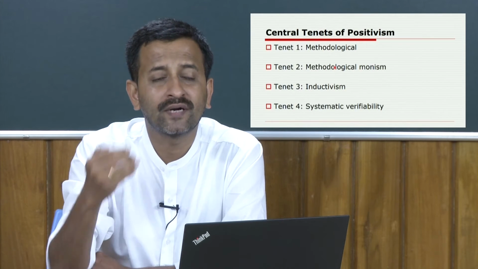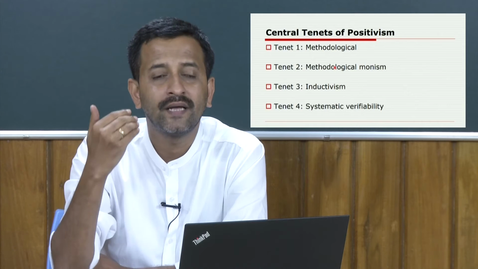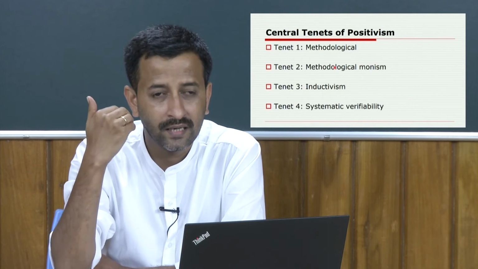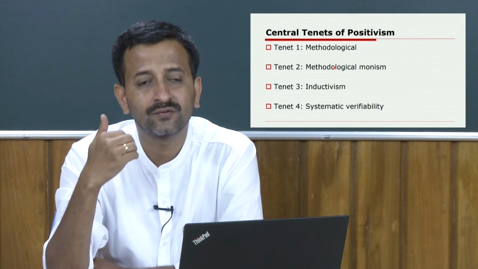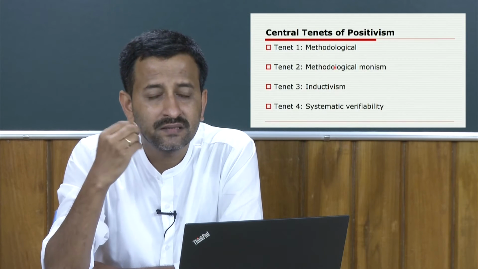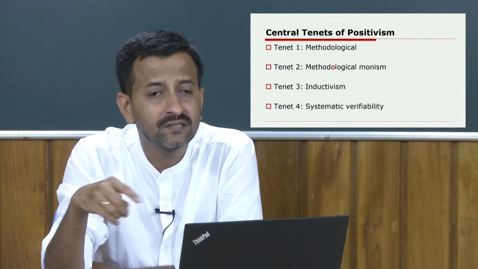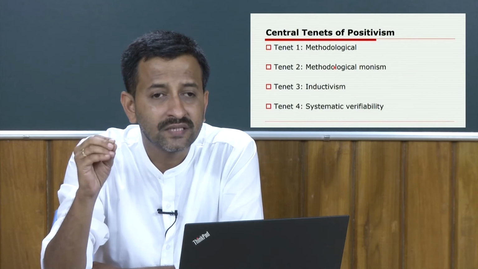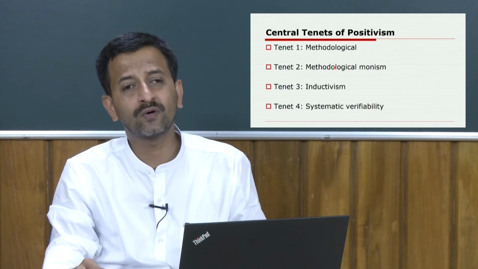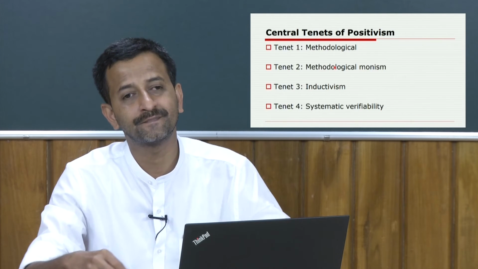Suppose Socrates is mortal, Socrates is a man, that is why all men are mortal. That is the method of induction, from particular instances to arrive at a concrete generalization. Then the fourth one is systematic verifiability.